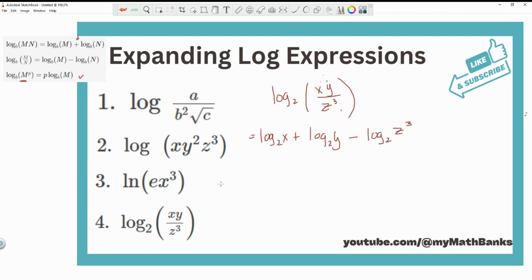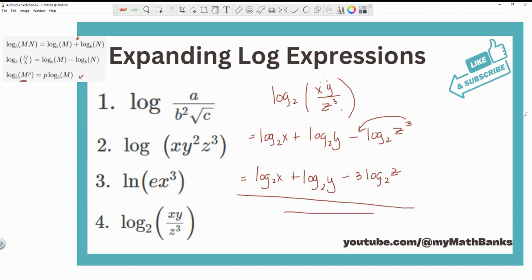Okay, now lastly, you have that exponent, you want to get rid of that, so log 2 x plus log 2 y, and that 3 will go in front of your log, minus 3 log 2 z. So this is the fully expanded version.